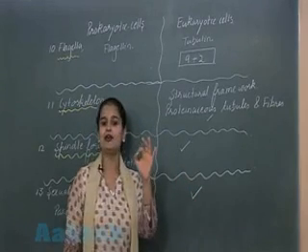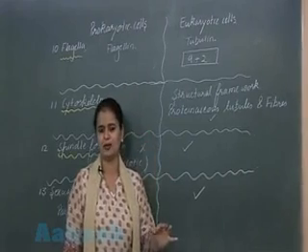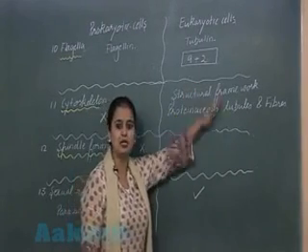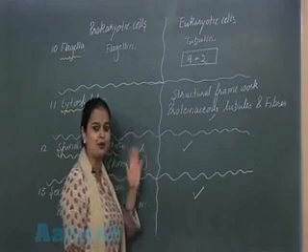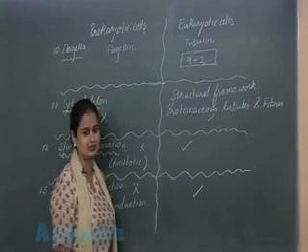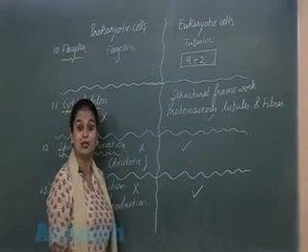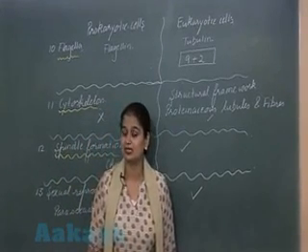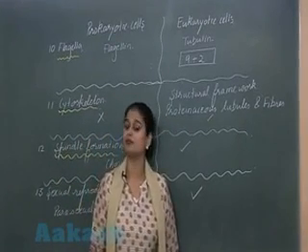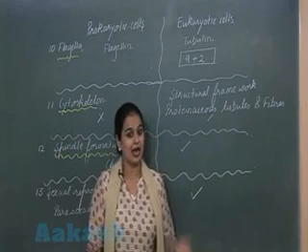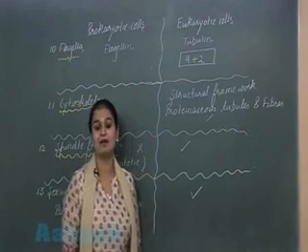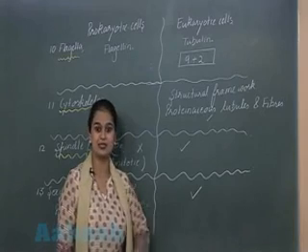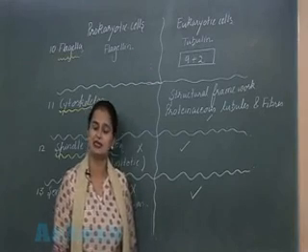The coiling of the DNA with the help of the histone protein is the feature of the eukaryotes, and in the prokaryotes the coiling is assisted with the help of the polyamines. So after this, now I will be starting with the detailed structure of the eukaryotic cell, and in the eukaryotic cell I will be dealing with the outermost covering which is present in the plant cell, that is the cell wall.